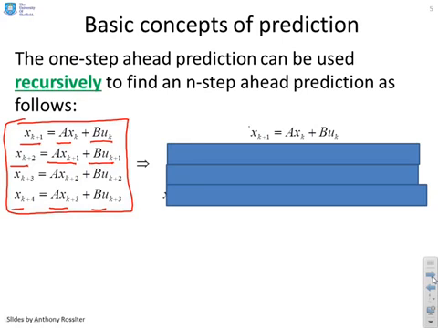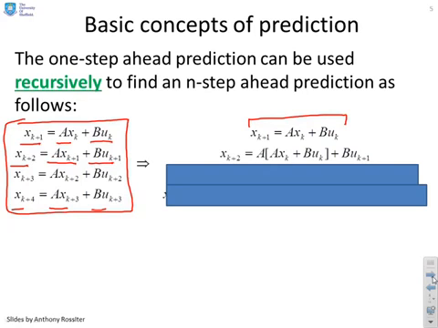Now over here I've written the same model again, but what I'm going to do now is say, alright, how do I find xk plus 2? What I'm going to do is use this model here, the one I'm just circling in blue, but notice that within that model there's an xk plus 1, and I'm going to take that xk plus 1 from the line above. And you'll notice that's all I've done here.